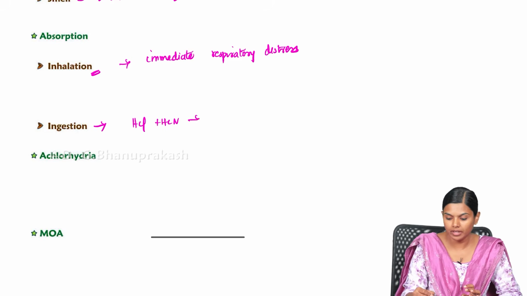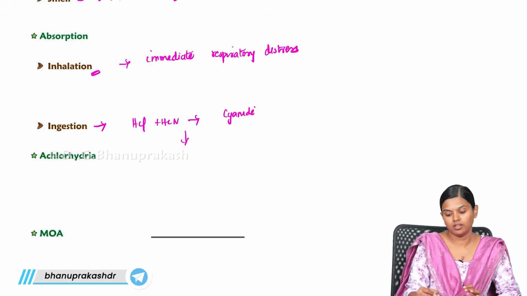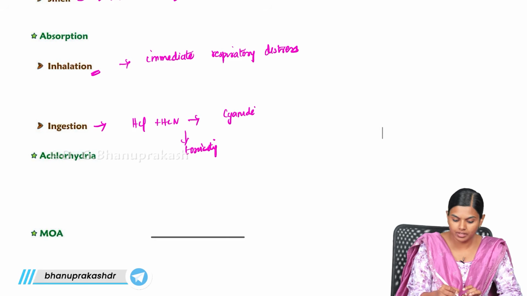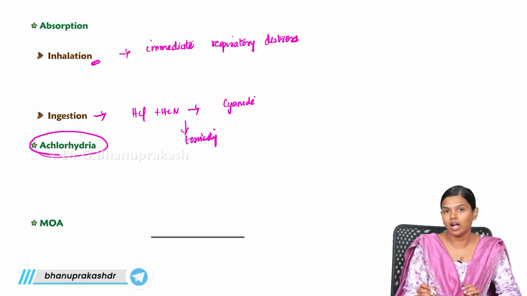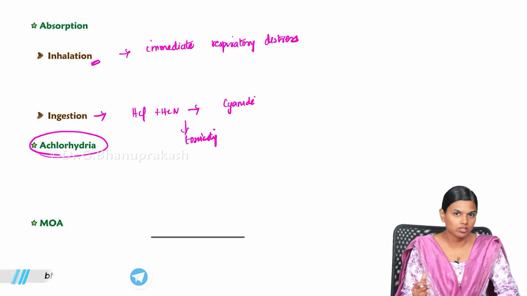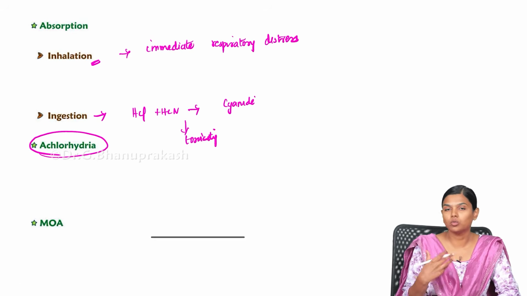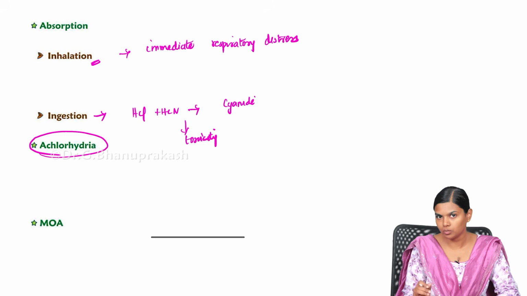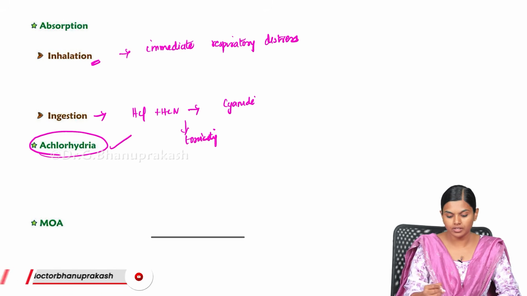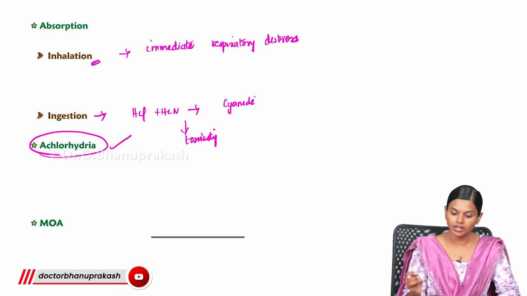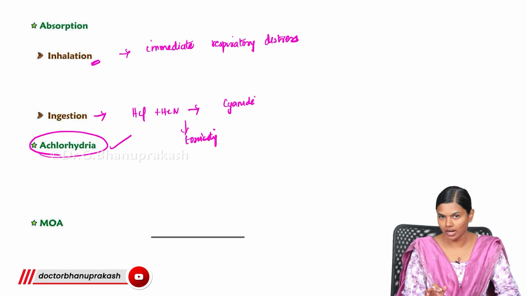Only then will the cyanide be released, which will lead to toxicity. And if the person has achlorhydria, then there will not be any toxicity. But sometimes by reacting with water itself the cyanide will be released, though most commonly if the person is suffering from achlorhydria, the cyanide poisoning will not happen.